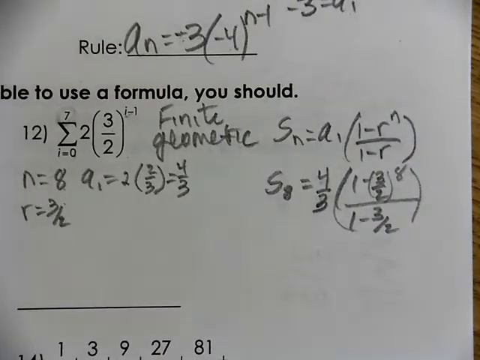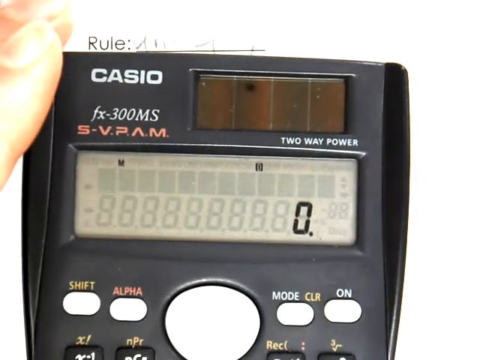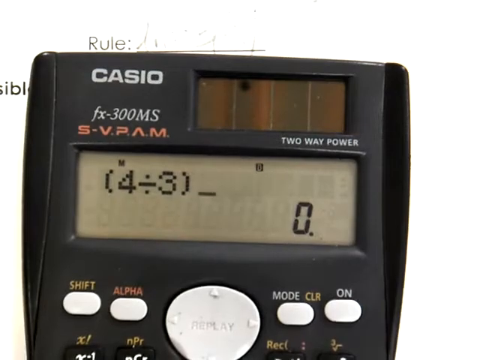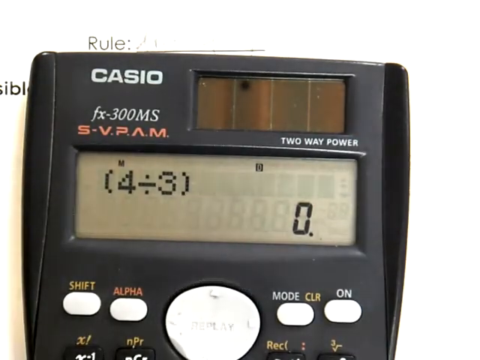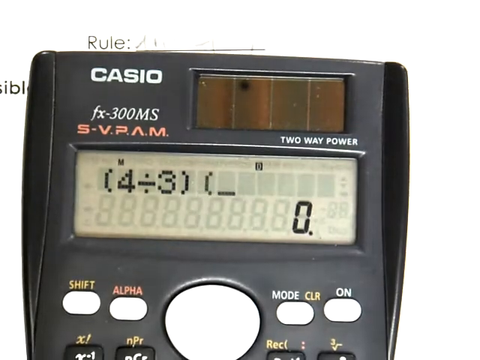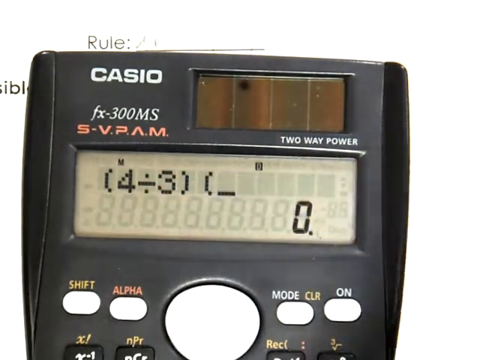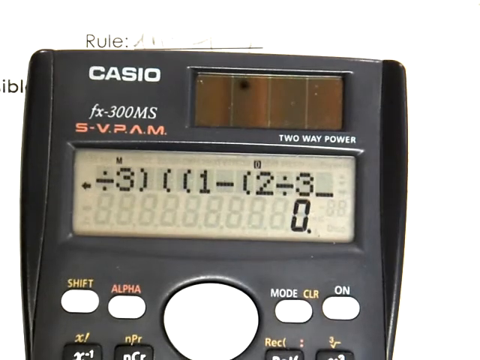That gives me, we'll take our calculator. I'm going to put it in parentheses because it's a fraction. It just helps be sure things are calculated correctly. So we have 4/3. Then we're going to have a numerator. So that 4/3 is timesing something. And in our numerator, we have 1 minus our fraction of 2/3.